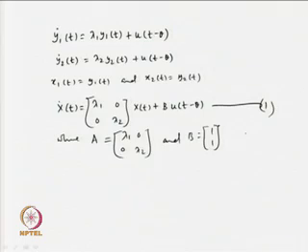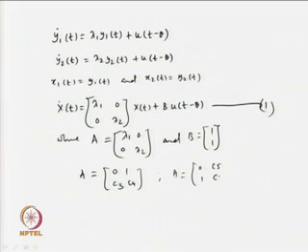Now, A can be obtained in different forms. If the dynamics is expressed in other state variable forms like controllable canonical form or observable canonical form, in that case A can have 0 1 with some constants C 3 and C 4, or A can again be given as 0 1 with some constants C 5 and C 6. Now, what is the problem with representation in these forms?